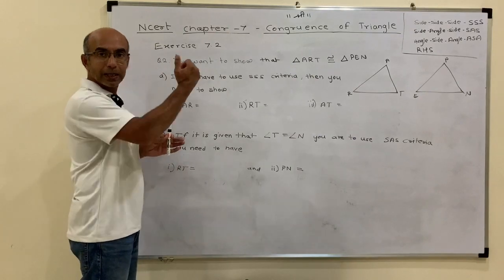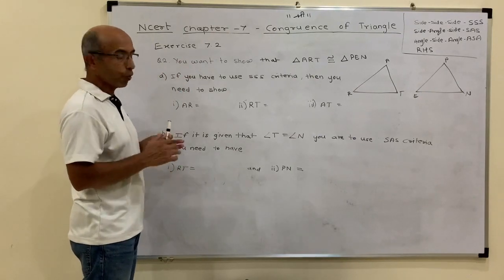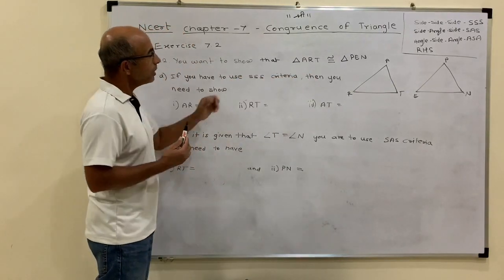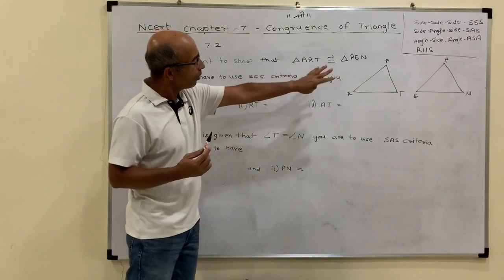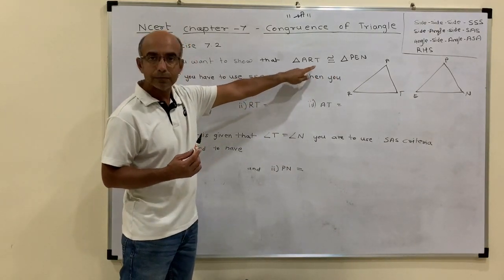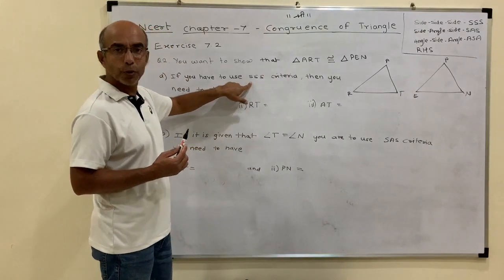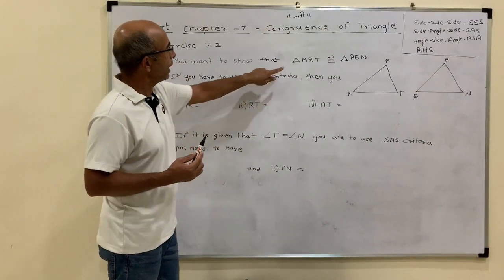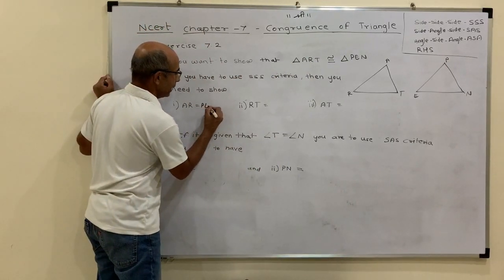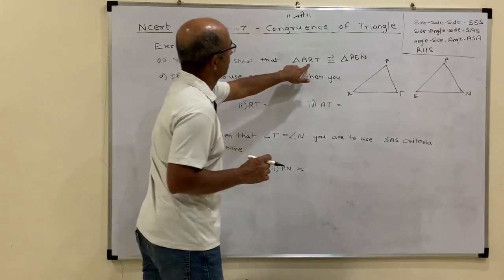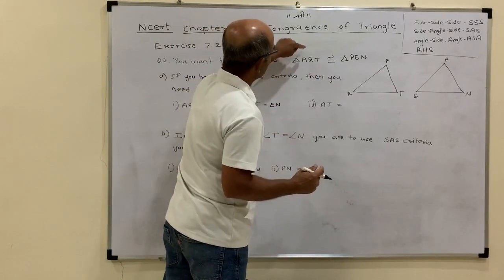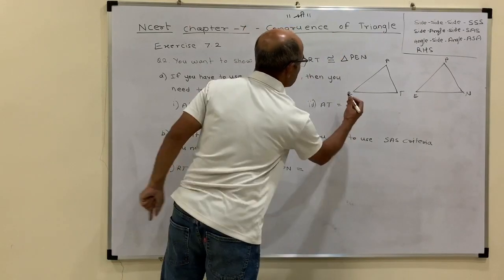To make that criteria, I am not even going to look at the diagram; the rule has already been told to me. So AR will be equal to the first two of the second one, PE. RT is equal to EN. And AT to PN.